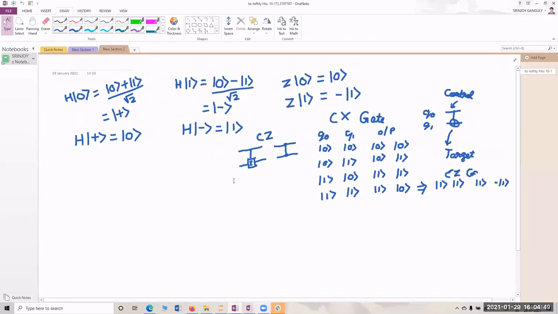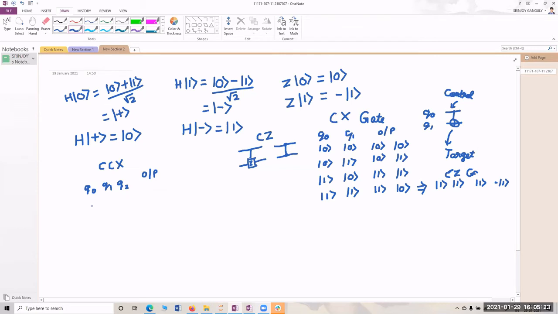For CCX, if you have Q0, Q1, and Q2, and then you have the outputs, this is now a three-qubit gate.